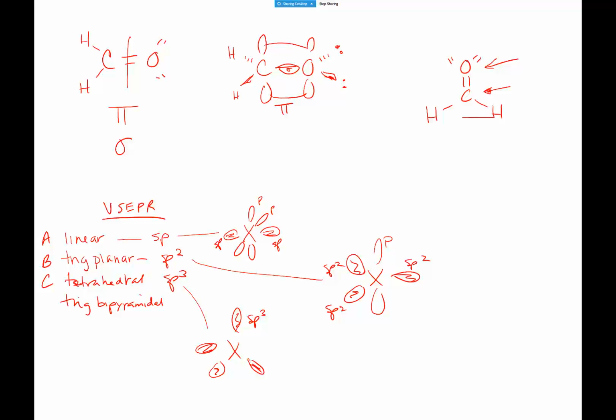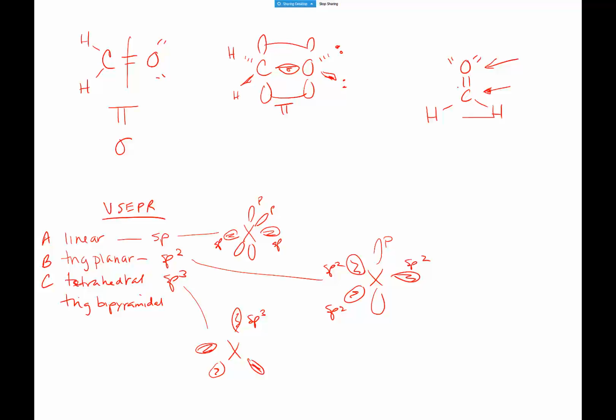Seven B's. Trigonal planar. So this is trigonal planar. How do we know that? I guess I forgot the first part of the formula, didn't I? Well, for linear, trigonal planar, and tetrahedral, we need to have the number of bonding pairs.